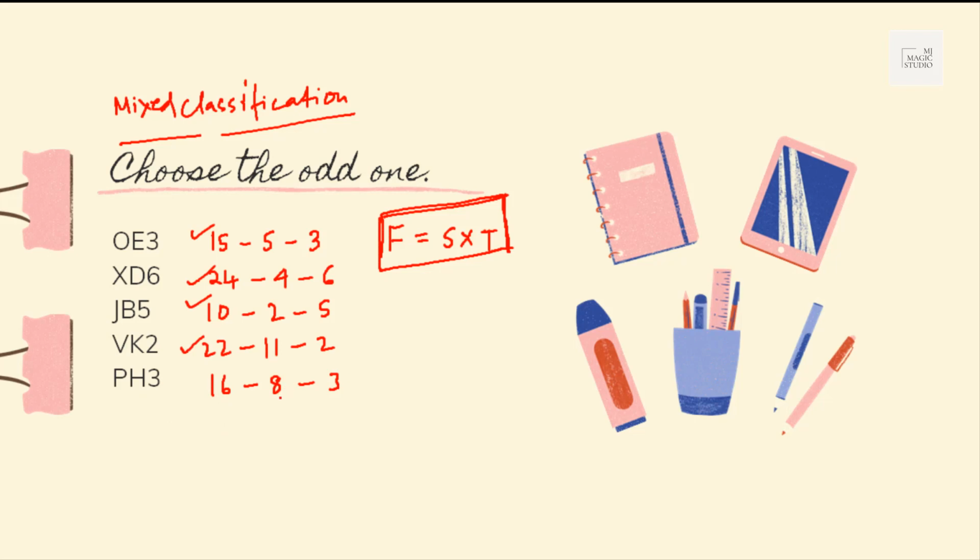In PH3 it is 16, 8, 3, but 8 into 3 is not equal to 16. So PH3 should be the odd one out, which does not follow the pattern of F equals S into T: the positional value of the first alphabet is equal to the positional value of the second one into the third number given. PH3 is the best answer.